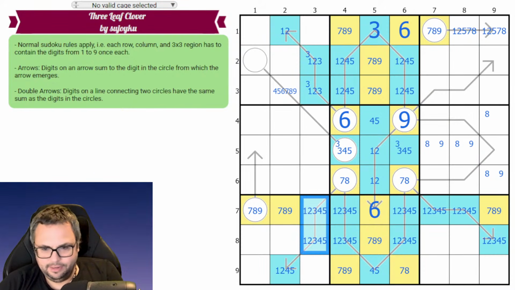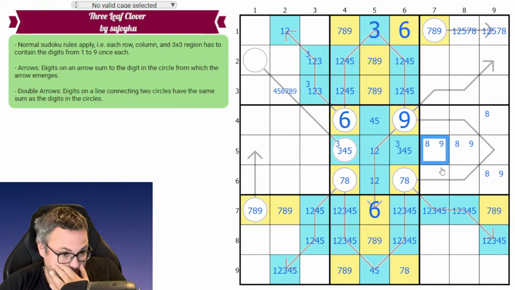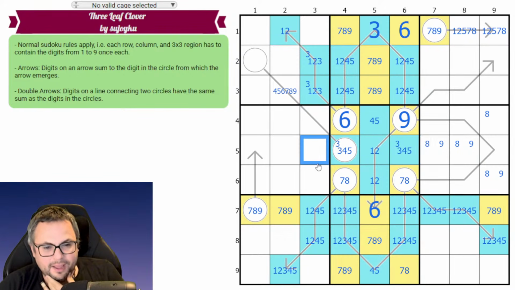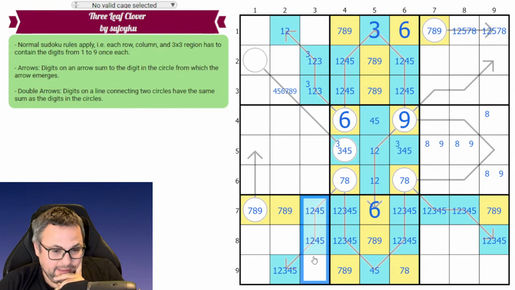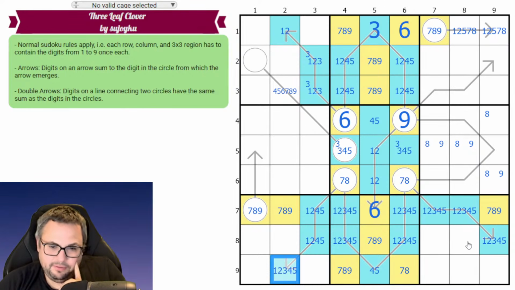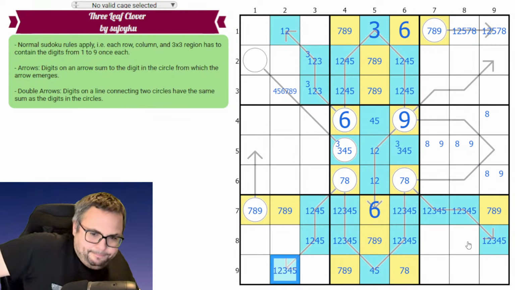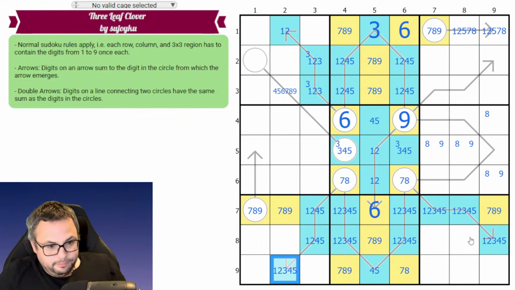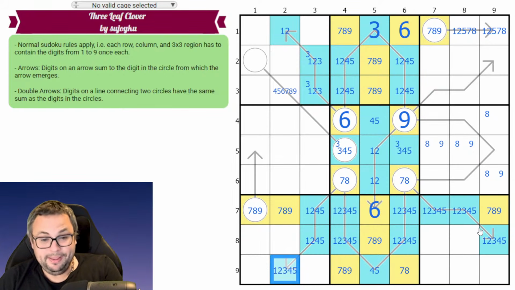I mean, this arrow probably is a 7, so there's unlikely to be any 3s on it at all. But who knows? Amazing, though. Amazing.